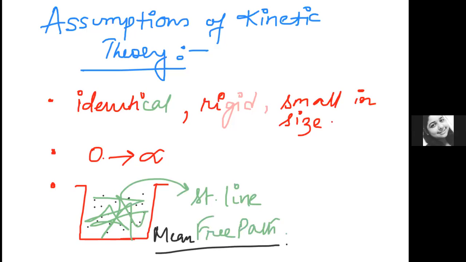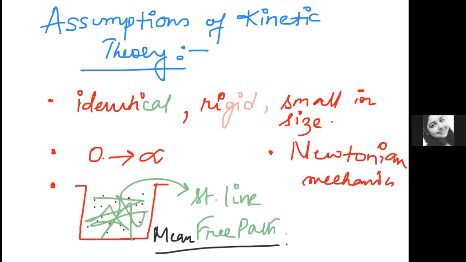Okay. So one important point is there. I'm not moving to the next page, I'm just writing here, that these molecules are perfect elastic spheres, and they exert negligible force of attraction or repulsion on one another, and also on the walls of the container. So Newtonian mechanics applies to these molecular collisions. Okay, so they obey Newtonian mechanics.